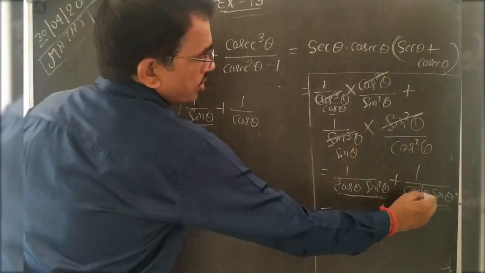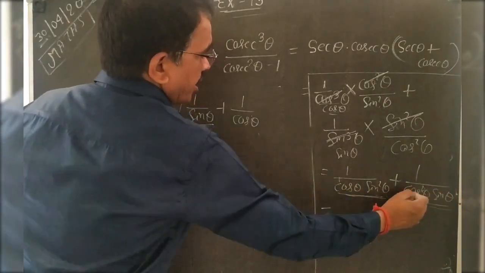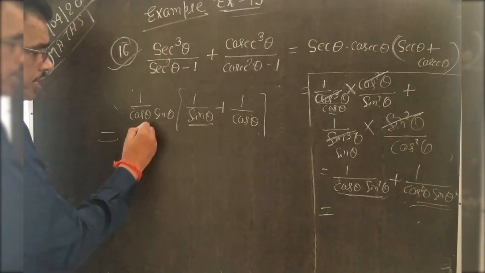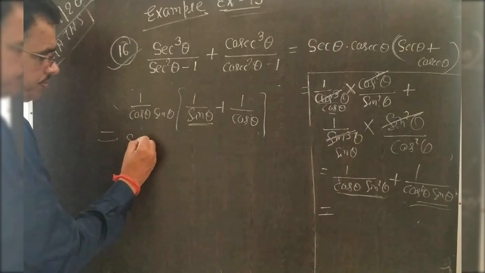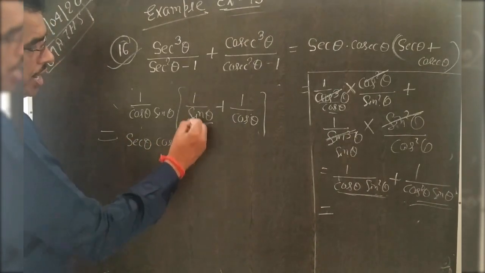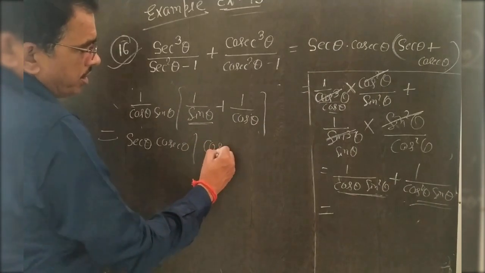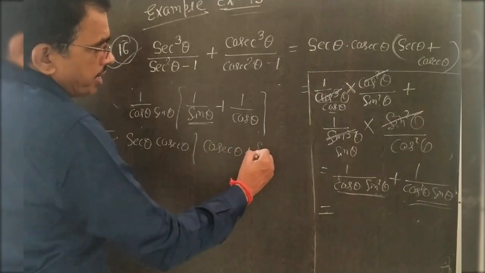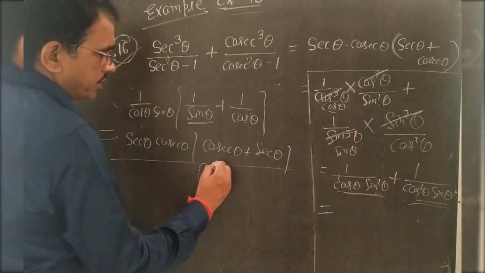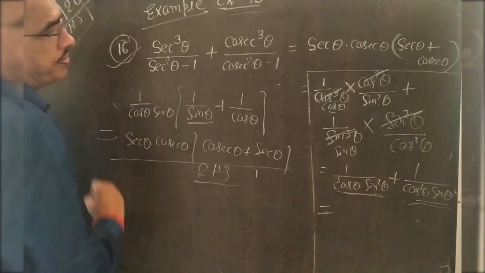Here is cos square into sin, and cos is common, so one cos will remain. And then it is the reciprocal of sec theta into cosec theta. And it is the reciprocal of cosec theta plus the reciprocal of sec theta. And clearly, it is the RHS. So it is proved.